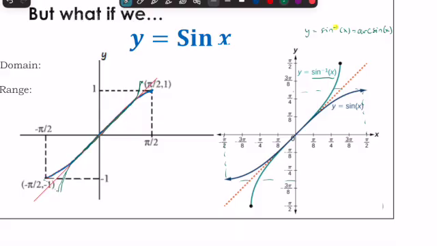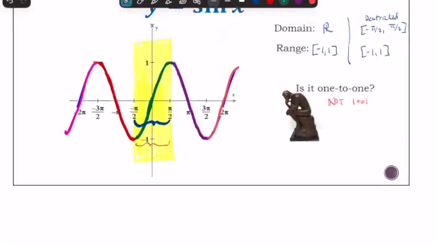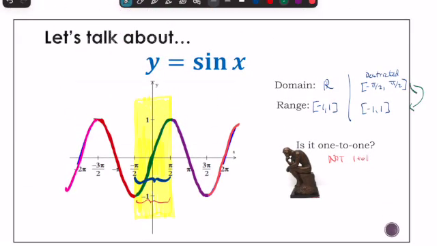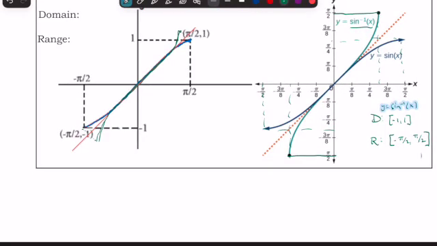Well, notice the domain of y equals sine inverse of x is going to be negative 1 to 1, and the range is negative pi over 2 to pi over 2, which should make sense because all we're doing is just swapping those.